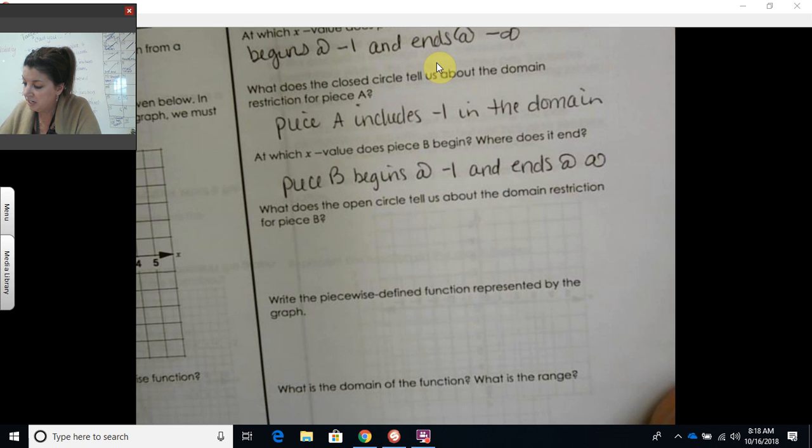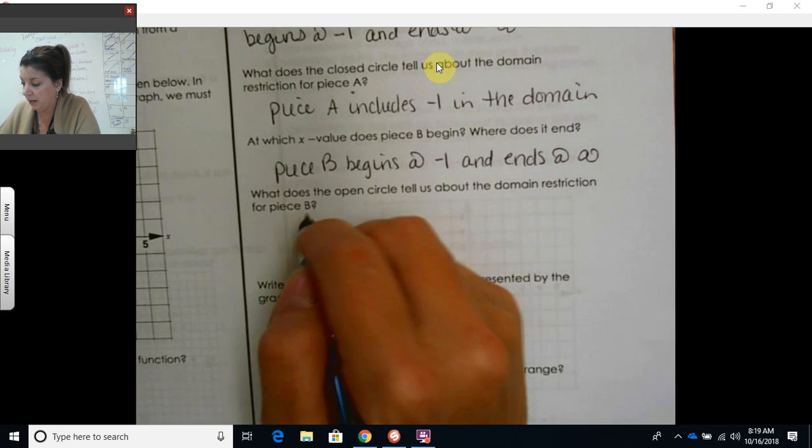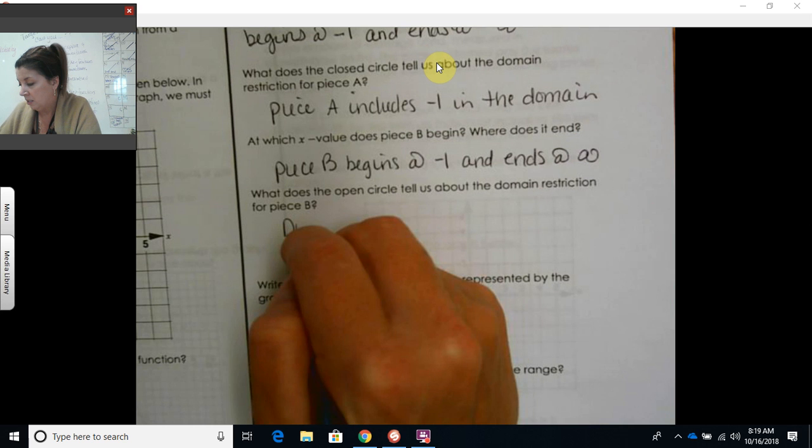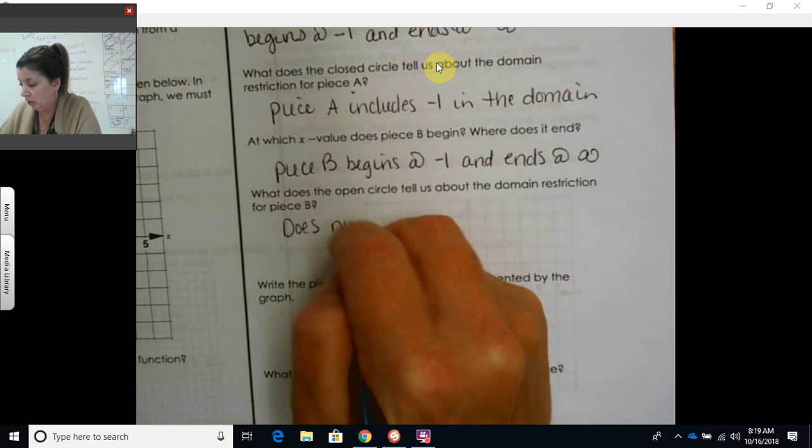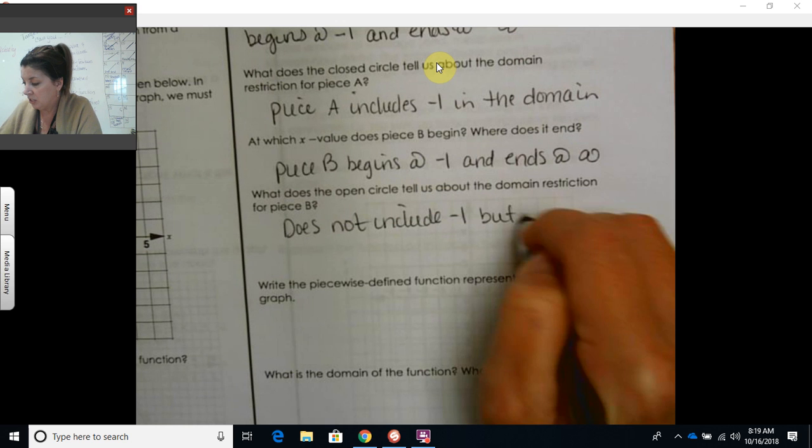What does the open circle tell us about the domain restriction for piece B? Exactly. It does not include -1, but it starts at -1.